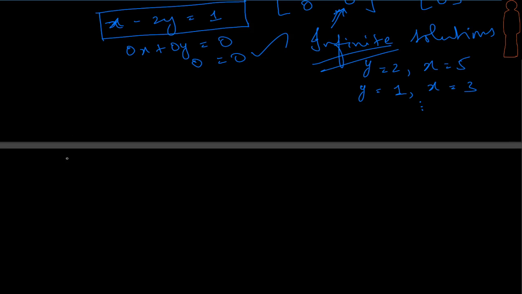So this is the way that we are going to summarize this. We are going to say if I have an n by n linear system of equations. So when I say n by n, you must remember that we are talking about n equations and n variables.